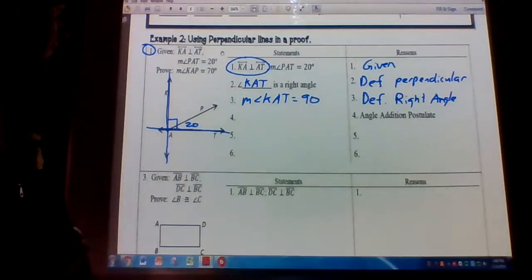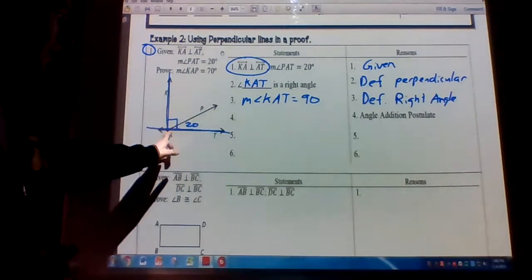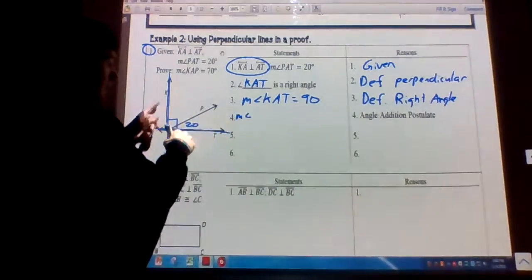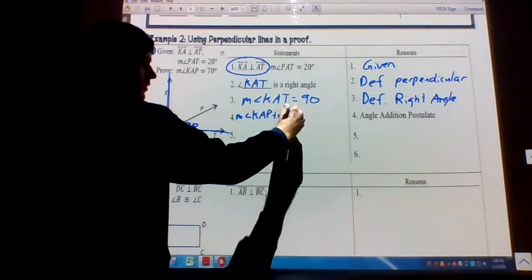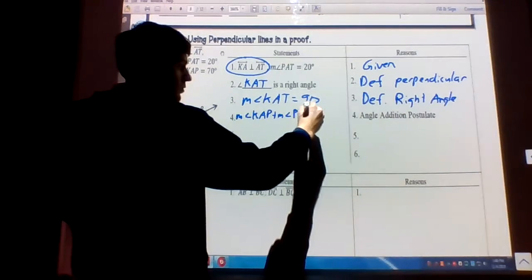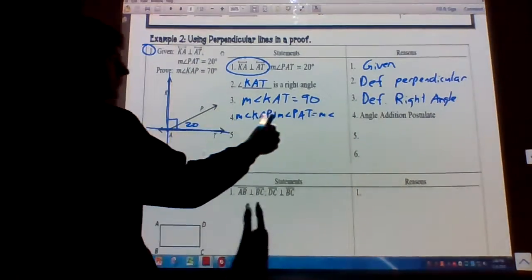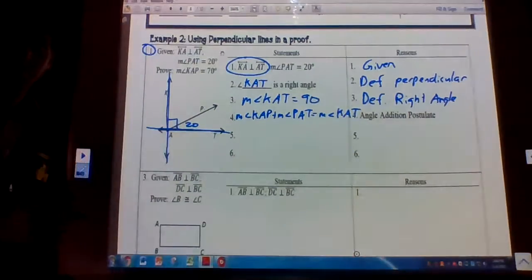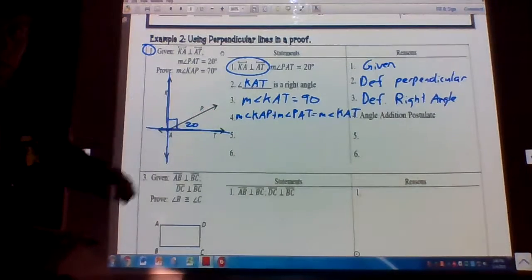If P is on the interior of angle KAT, then the measure of angle KAP plus the measure of angle PAT equals the measure of angle KAT. The two parts add together to make the whole.